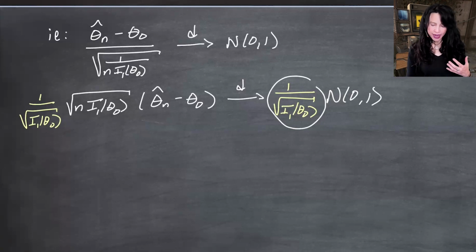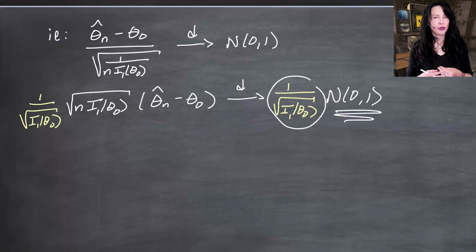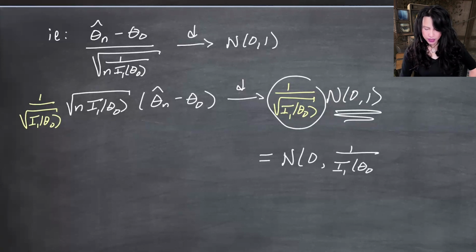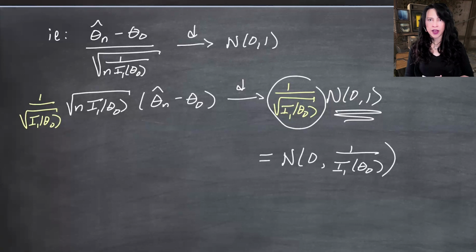And if you multiply a normal by a constant, you get to multiply the mean by that constant, but the mean was 0, so the constant times the mean is still 0. And it will go into the variance, but squared. So 1 over this one-dimensional Fisher information evaluated at theta naught.